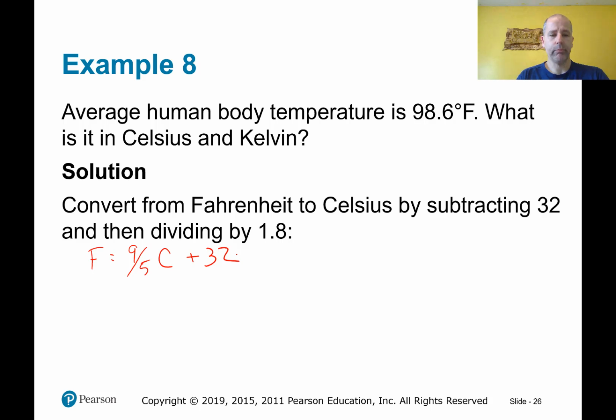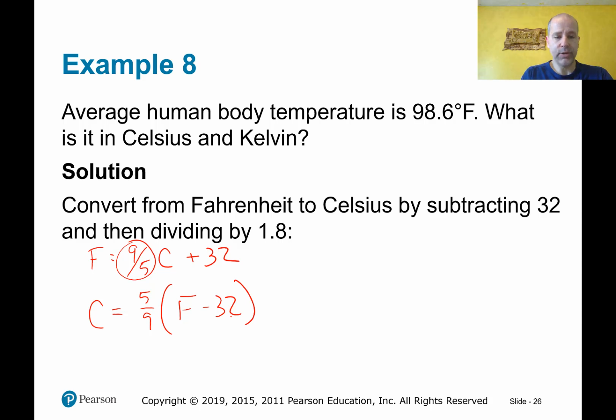So now all we have to do is, because we want to convert to Celsius, we're going to subtract 32 from both sides, and then multiply by the reciprocal of the 9/5. So C is going to become 5/9 times the quantity F minus 32.